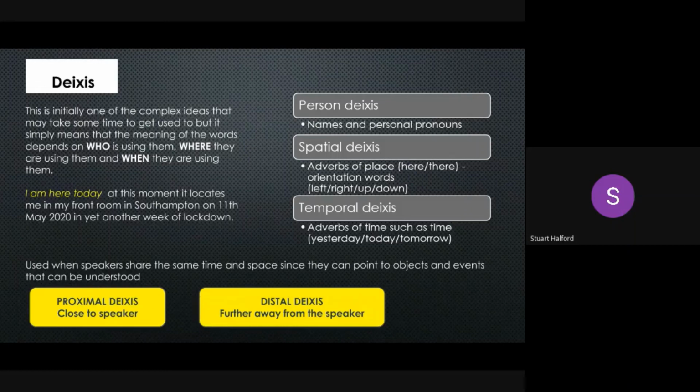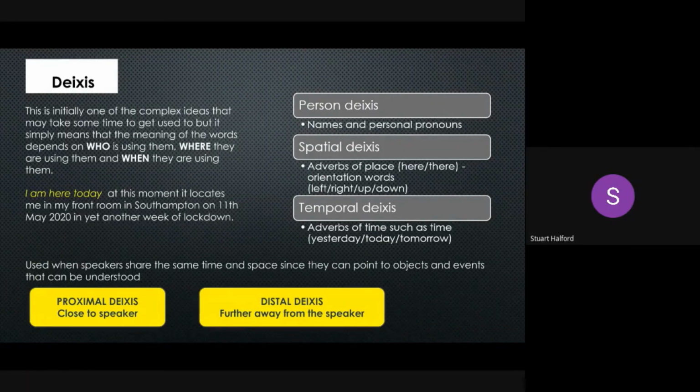Or we've got distal deixis, which is further away from the speaker. So that's the difference between here, which would be proximal deixis, and there, which is obviously further away. This, which is proximal and close. That, which is further away from the speaker.